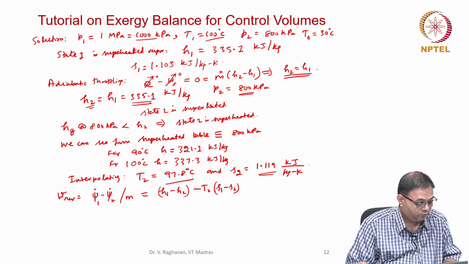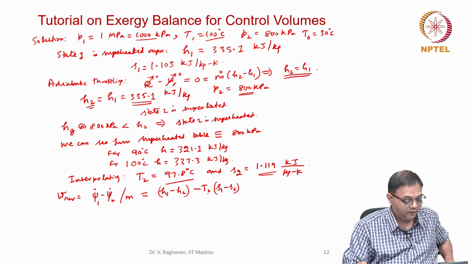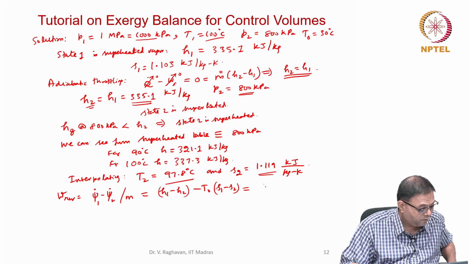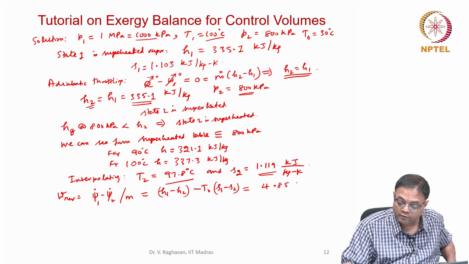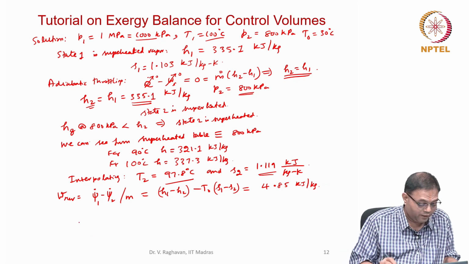Do you understand? So, that is the value here, but when you substitute this value, I get 4.85 kilojoule per kg.